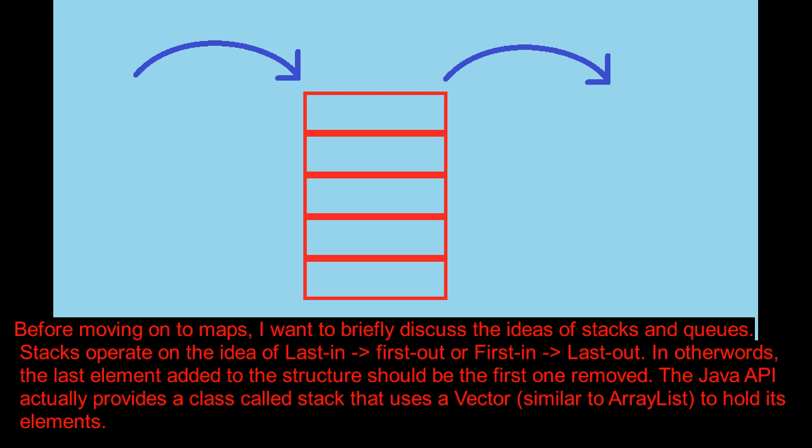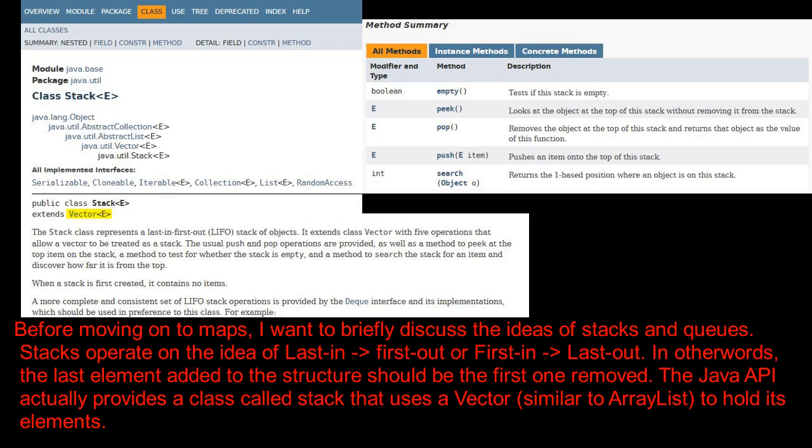Before moving on to maps, I want to briefly discuss the idea of stacks and queues. Stacks operate on the idea of last in, first out, or first in, last out. In other words, the last element added to the structure should be the first one removed. The Java API actually provides a class called stack that uses a vector, which is similar to an array list, to hold its elements.